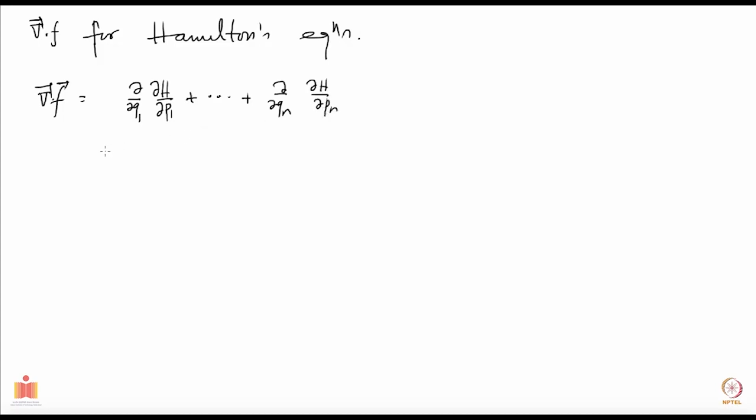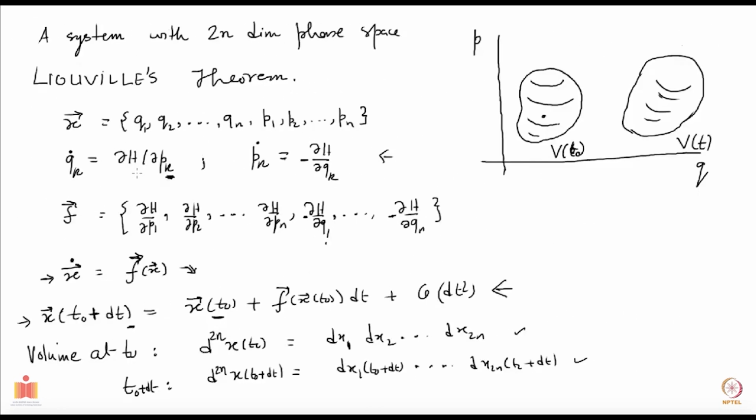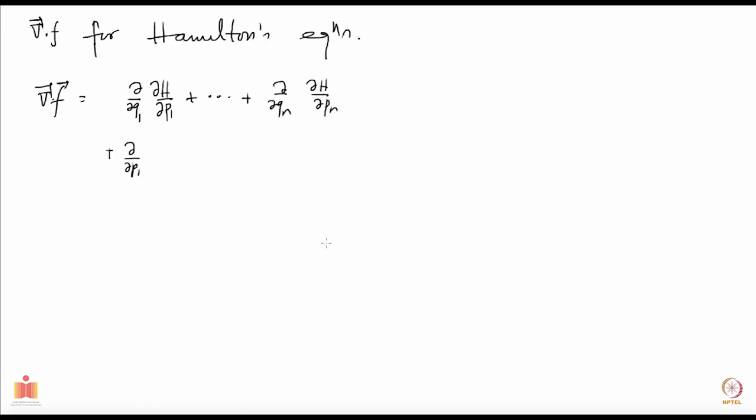Then you have more terms, ∂/∂p₁, and let's recall what f_{n+1} was. f_{n+1} was minus ∂H/∂q₁. So you have, instead of a plus here, a minus ∂H/∂q₁, and then you continue to pₙ and ∂H/∂qₙ.